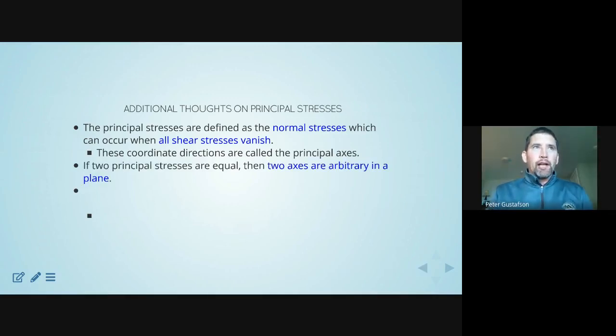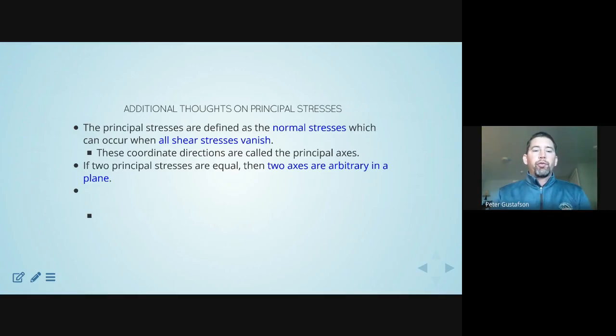What else can I say? Well, I mentioned these unique kind of corner cases where you may have principal directions that are a little bit funky. Now, what I meant by that was the following. It is certainly possible, and in fact not entirely infrequent, that you have 2 principal stress values after you've calculated the characteristic equation and you found the roots of that characteristic equation.